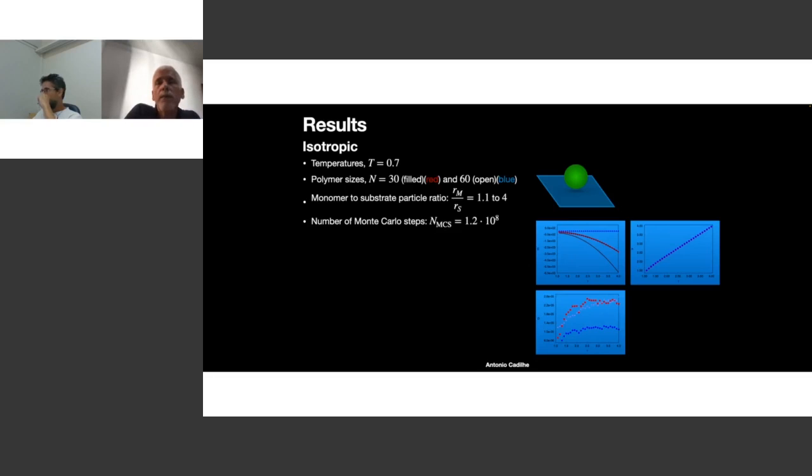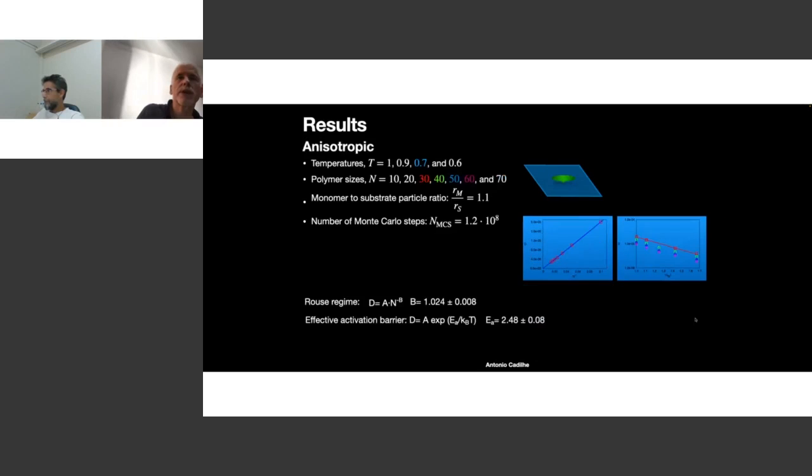So those are size dependence on the monomer to substrate particle ratio that is quite different. So one cannot infer that size is going to be irrelevant, and the functional dependence is quite different from just picking up a flat surface. So that was a main result for the isotropic case.